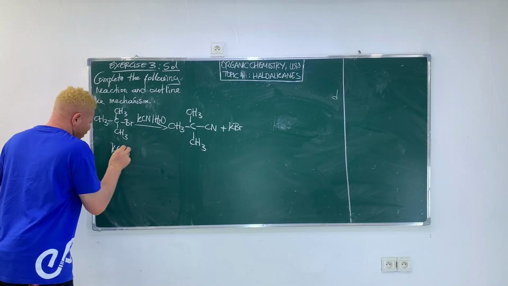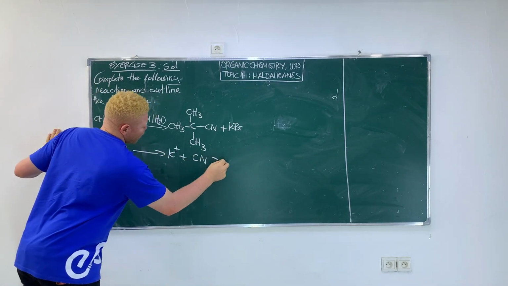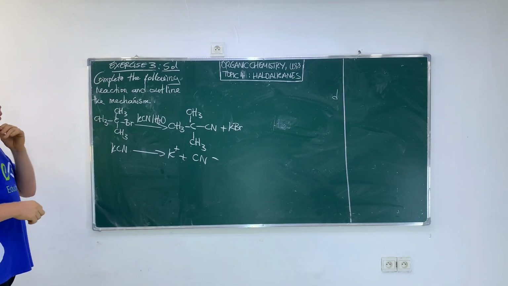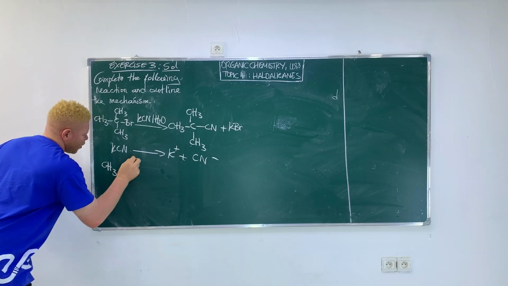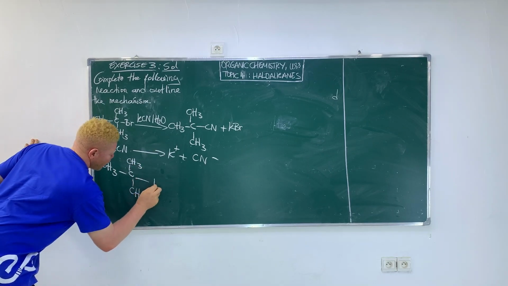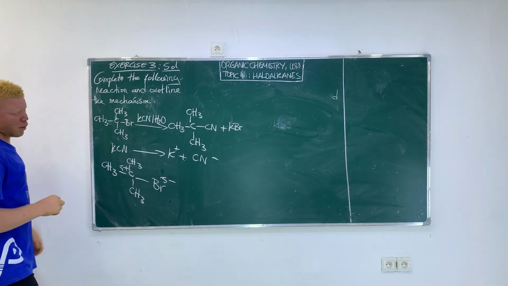I have potassium cyanide, that is K plus, CN minus. So I have the compound, the haloalkane, CH3, C, CH3, CH3, Br, delta minus, delta plus.